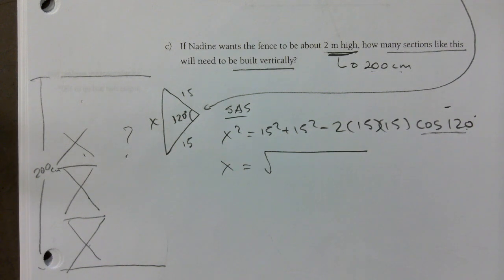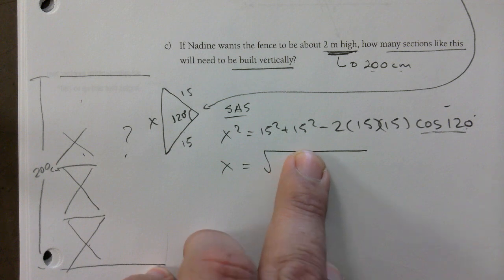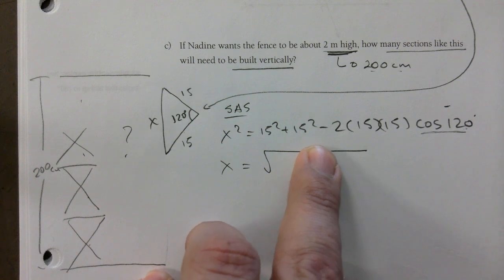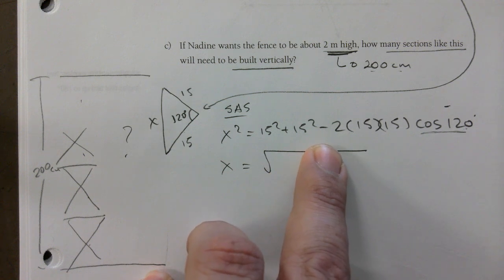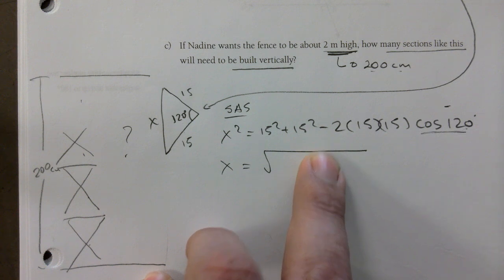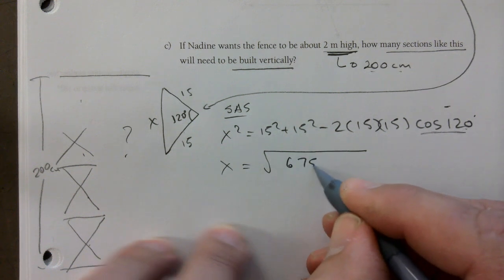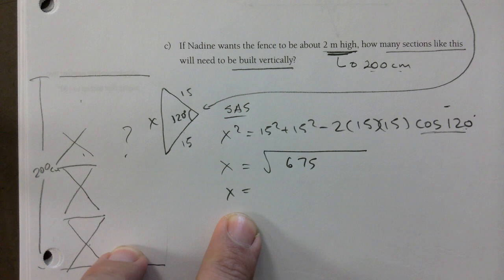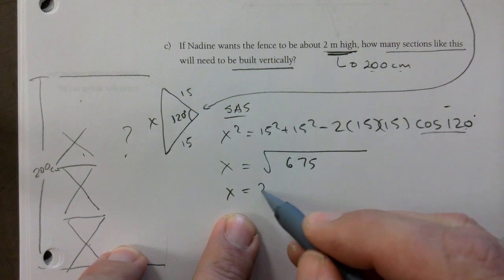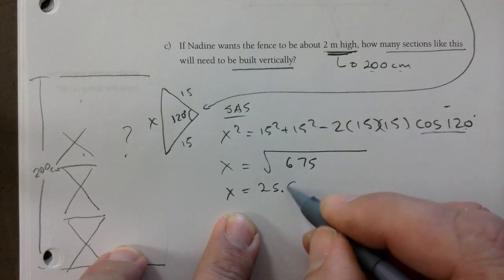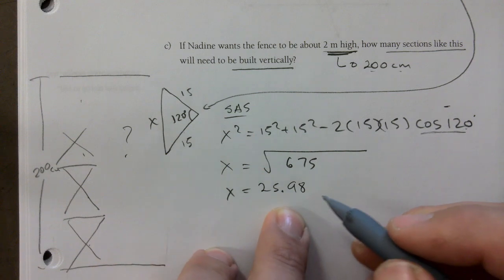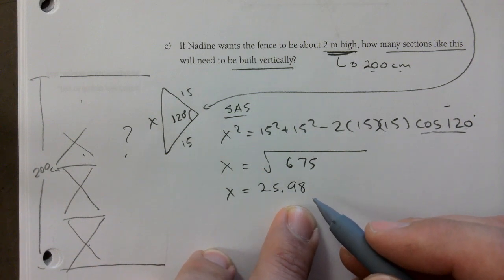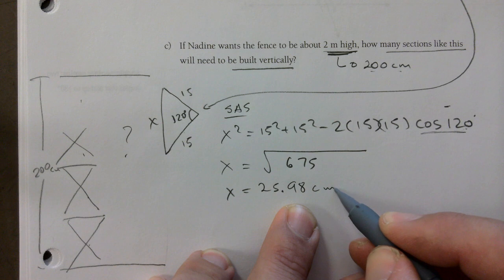And I'm going to recalculate this because I'm not sure where the key is that I gave you. And this is 675, which in turn turns into 25.98. We'll just leave it at that. 25.98, and this is in centimeters.